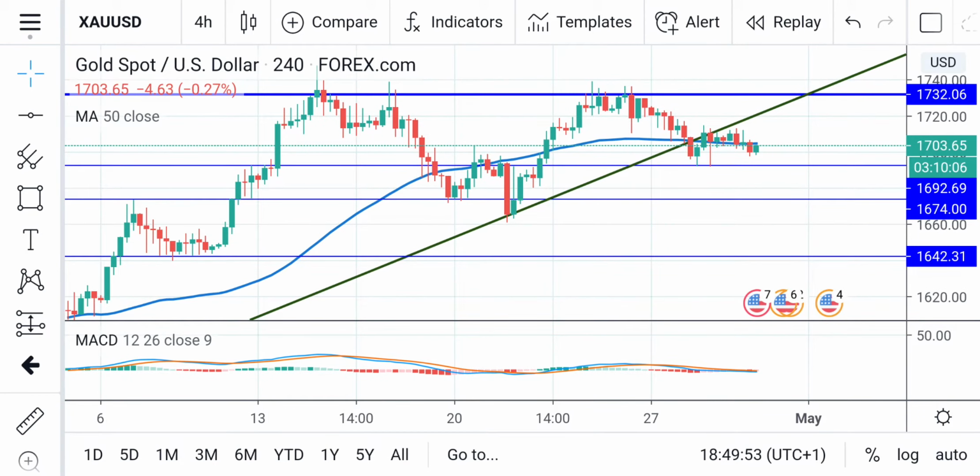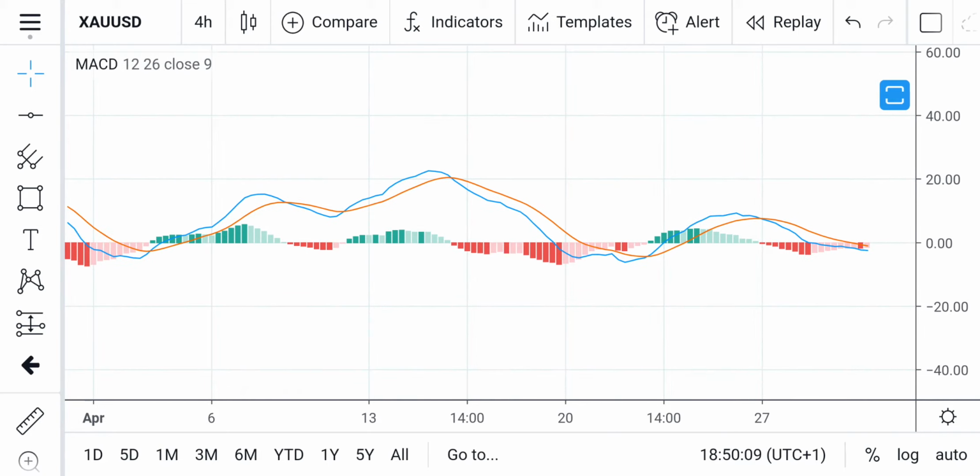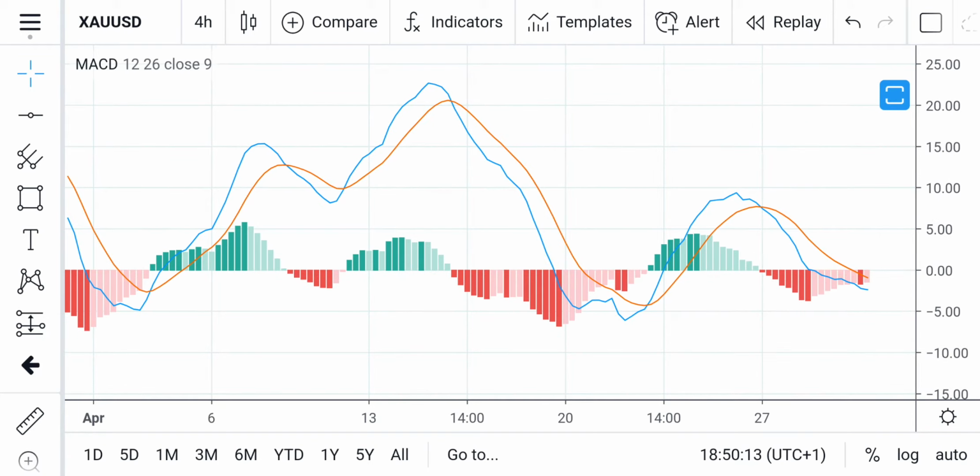So that is it. When the MACD line, the blue line, is crossing below, let me make it more obvious. When the blue line is crossing below the orange line, it's trying to indicate to you that the market is going to turn bearish.